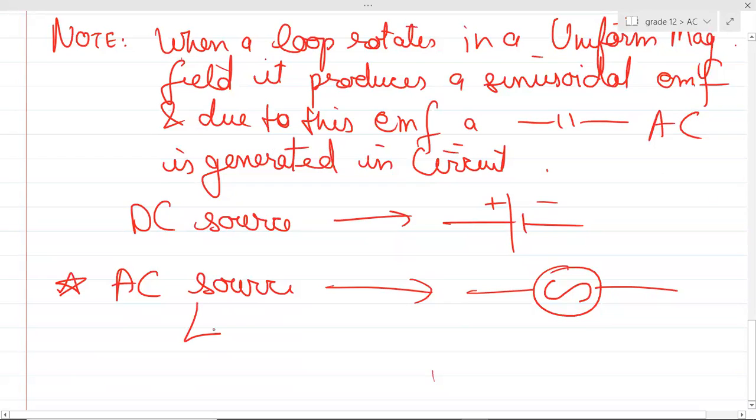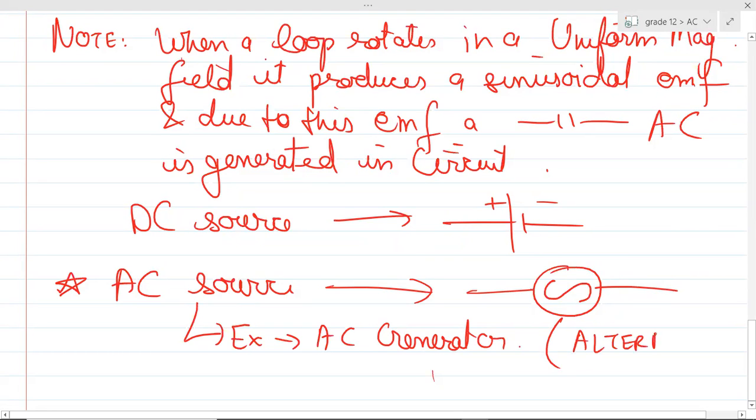And this AC source may be an AC generator. An AC generator is also called an alternator, okay? It may be a dynamo.